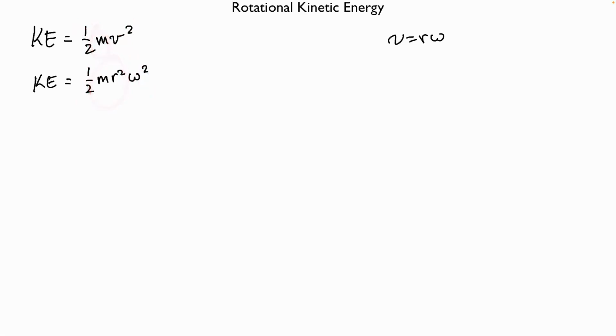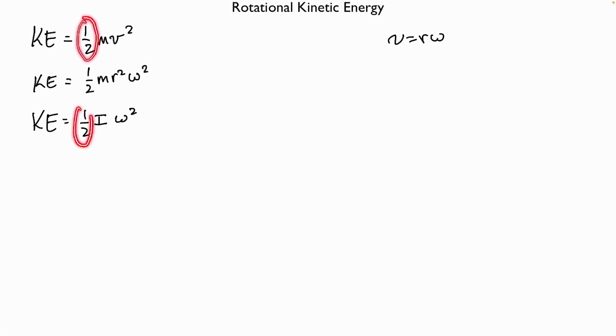What I don't have is like a mass sitting right there. Maybe I do. Maybe I can hide it. Maybe I could just write, I don't know, a different symbol. Capital I. That feels a little bit better.